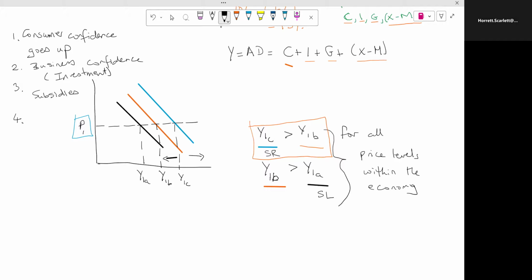We also have to look at things like how foreigners are going to view our country. So let's say the foreigners' perspective.